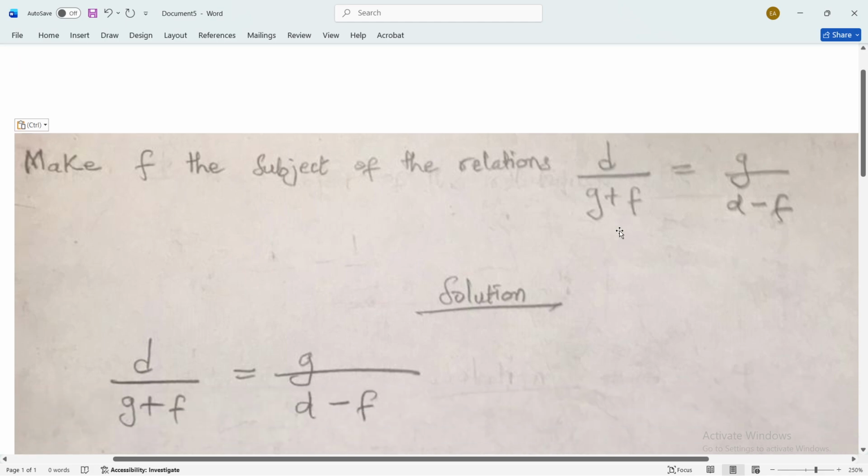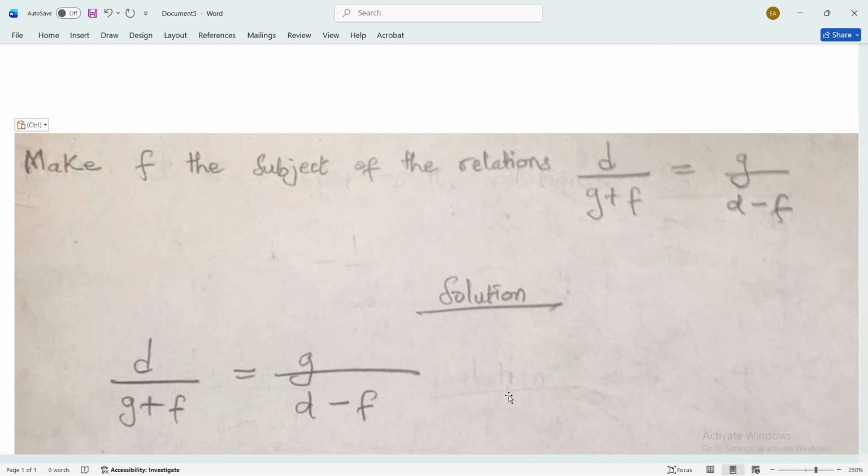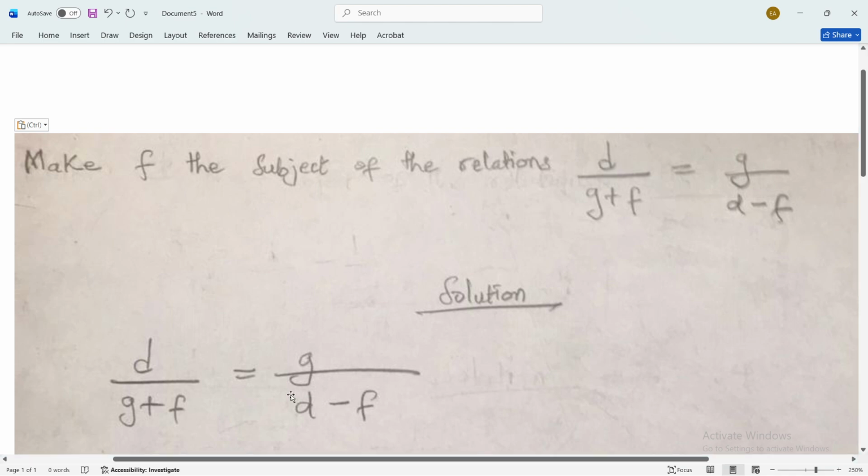With questions like this, what you have to do is cross multiply. You cross multiply by multiplying the denominator on your right hand side, which is d minus f, by the numerator on your left hand side, which is d.